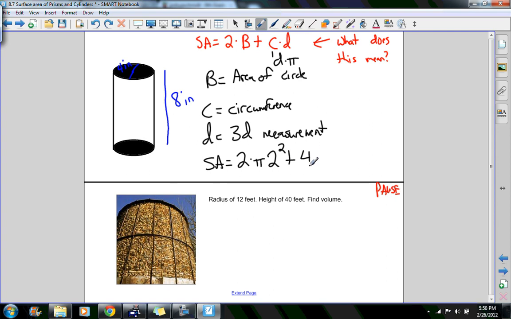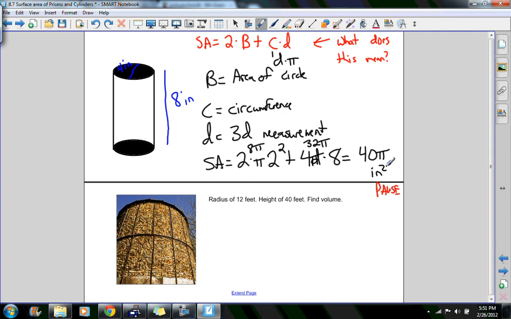So that means that's going to be 4 pi, because our diameter is 4, times our height of 8. Okay? So this is where it gets a little tricky, but you guys can work through this. 2 squared is 4, times 2 is 8. So this is 8 pi. 4 times 8 is 32. Whoops, this should be pi, not a d. I'm sorry for that. So that's 32 pi. You add those together to get 40 pi. And the label here would be inches squared.